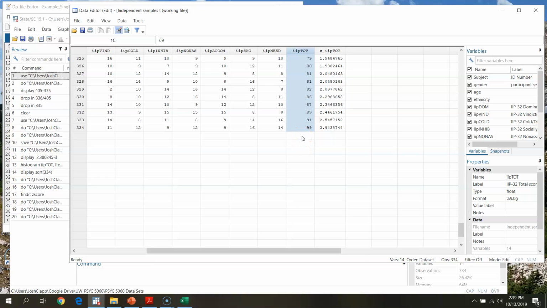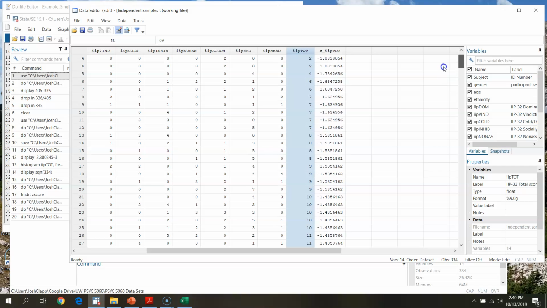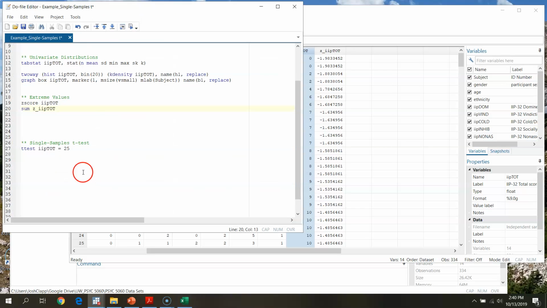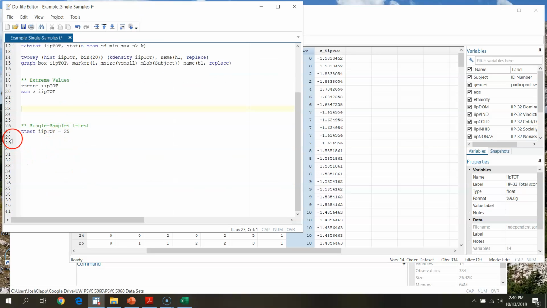We got rid of that person, and so we're left with 334 individuals in this set. We found that the distribution of IAP total looked pretty good, no extreme values, and so we're ready to run our single sample t-test here. At this point, pretty easy.